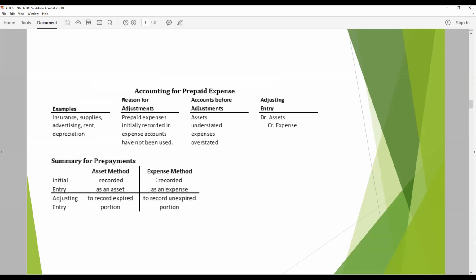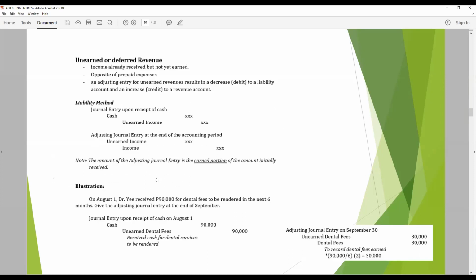Now we proceed with unearned or deferred revenue. It is still under deferrals. So you have two methods under this type of adjusting entry also. So what is unearned or deferred revenue? Is income already received but not yet earned.